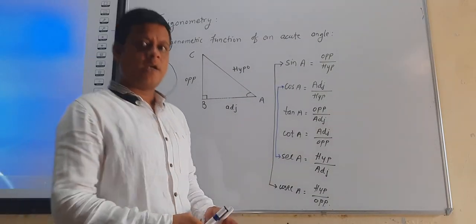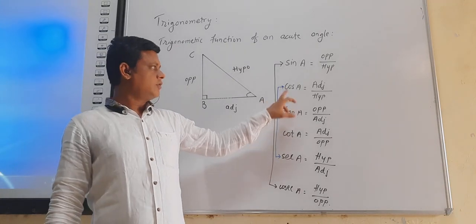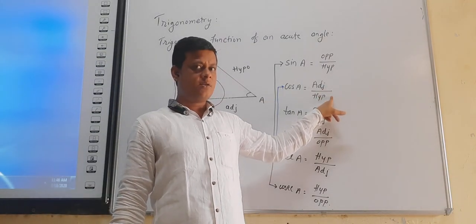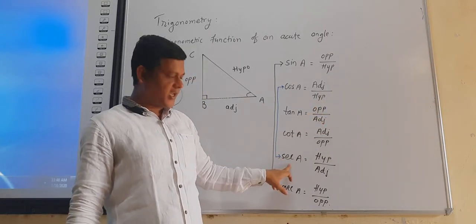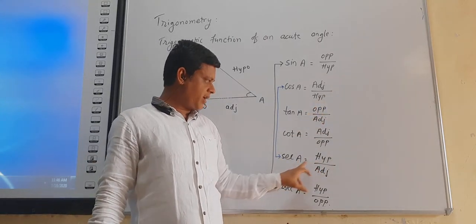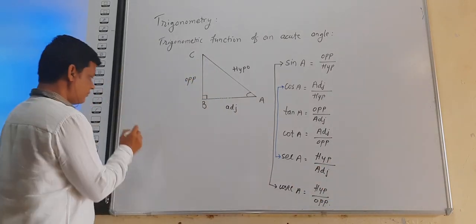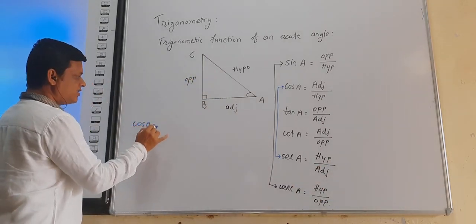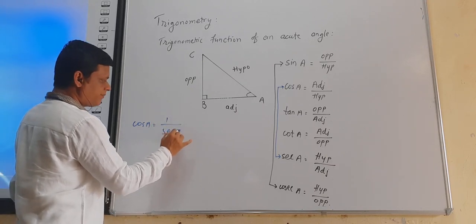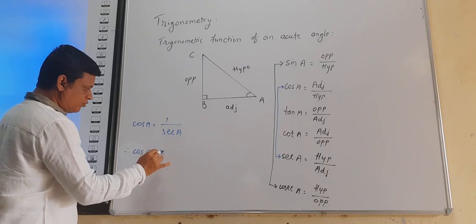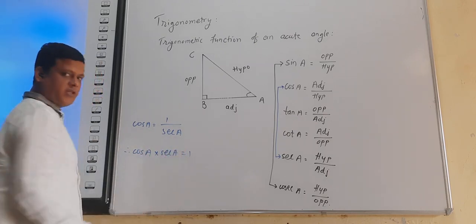Now observe the second ratio, cos A, that is adjacent upon hypotenuse, with sec A. Sec A is hypotenuse upon adjacent. So we write here cos A is equal to 1 upon sec A. Therefore, cos A into sec A is equal to 1.